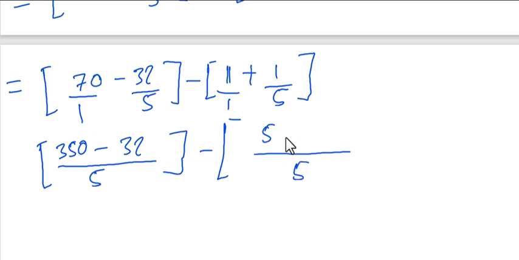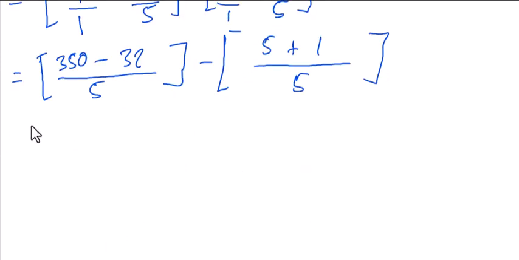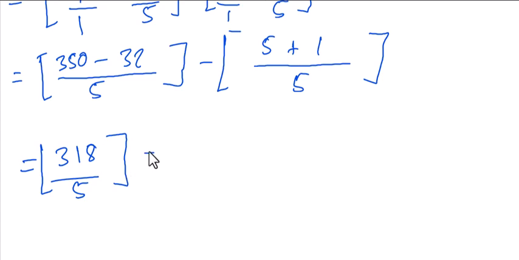Then 1 into 1 plus 1. So when we subtract 350 minus 52, we're going to have 318 over 5.